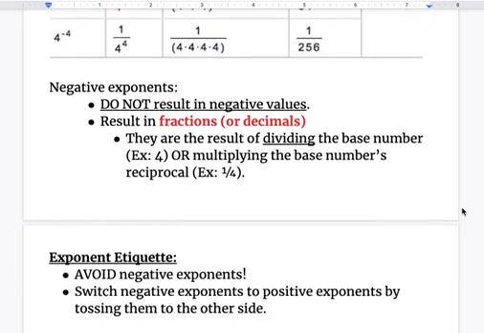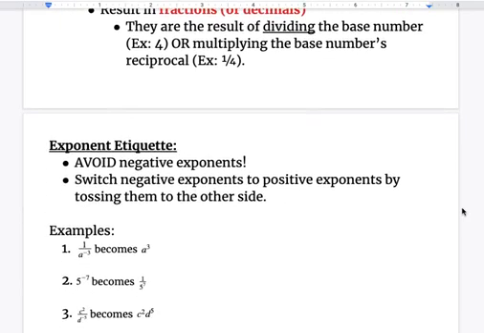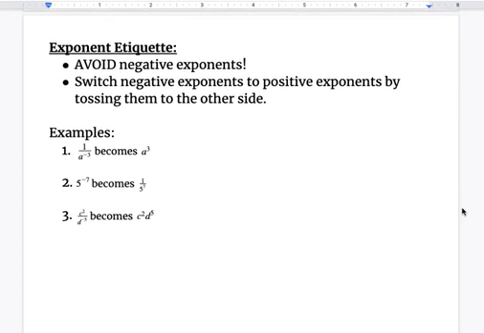Now a little note about exponent etiquette. What do we mean by etiquette? We mean how we do things properly in math. There are certain ways that we write our exponents. We do not like negative exponents. We avoid them, okay? So we try to change them to positive exponents. Now, it's very important that you remember you can't just change them up because it might change the value.